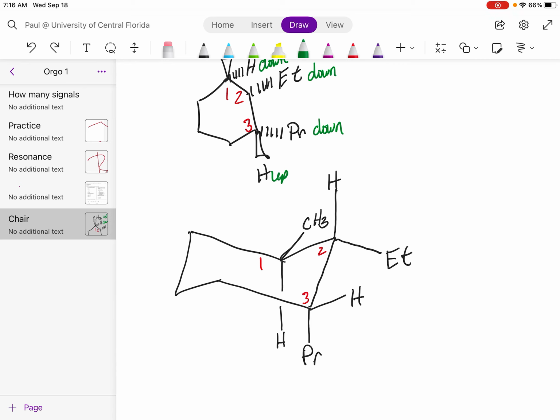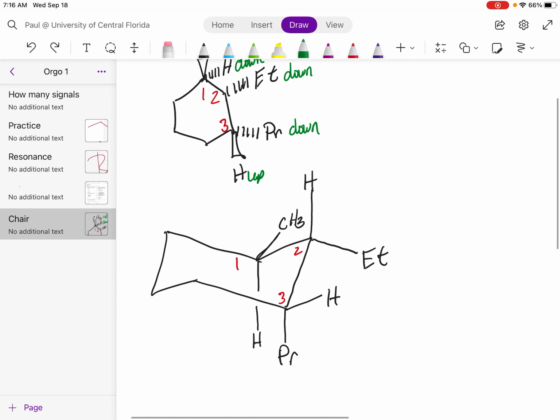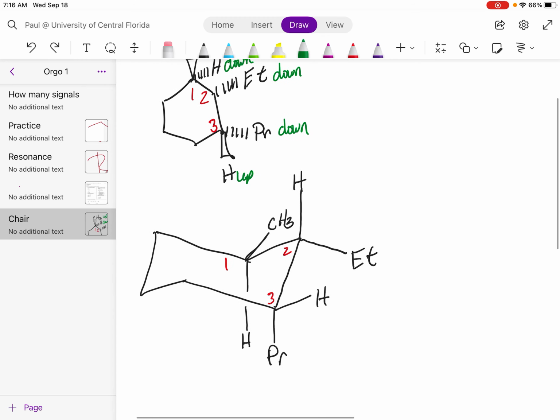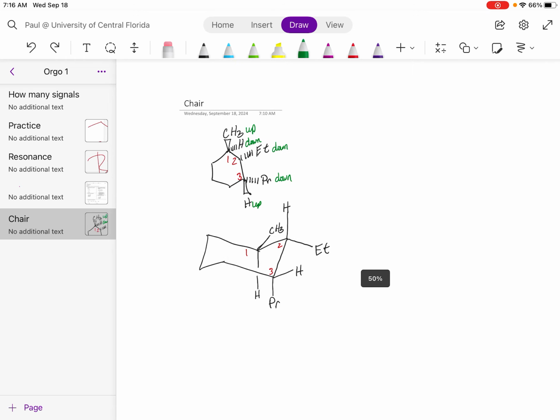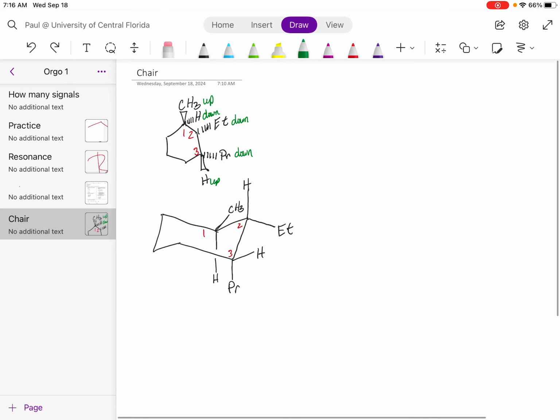Now we have to do the ring flip. And when we do ring flips, we have to use the first chair that we used as our reference point. So I'm going to zoom out a little bit here so we can view both of them at the same time. So now, when I drew my first chair, I drew my lines like that.